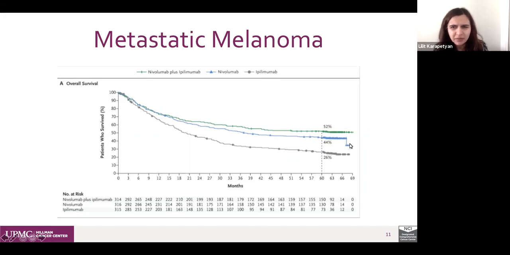Do you see for a long duration a flat curve? This is a very unique characteristic of patients with melanoma, I apologize, with immunotherapy. What they commonly use as terminology is the tail of the curve. The tail of the curve matters a lot, because if patients respond to immunotherapy, they tend to respond for a long time.